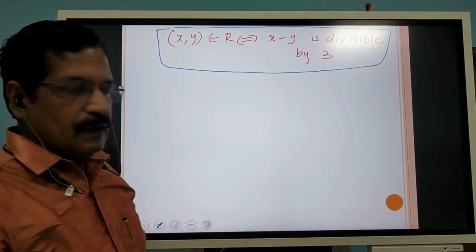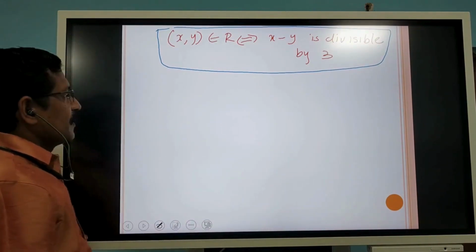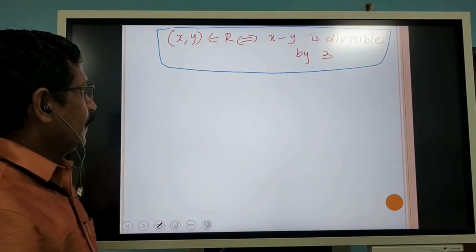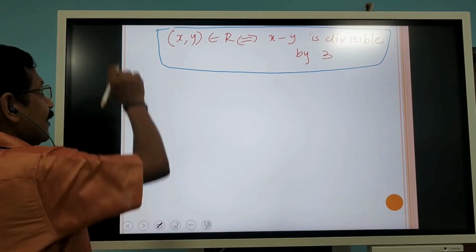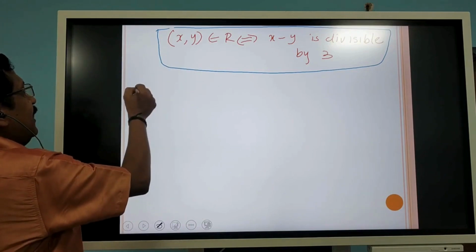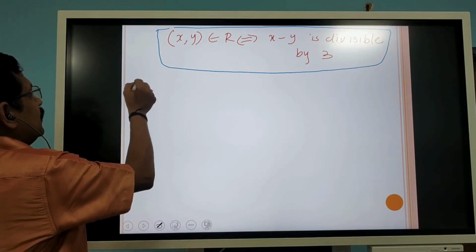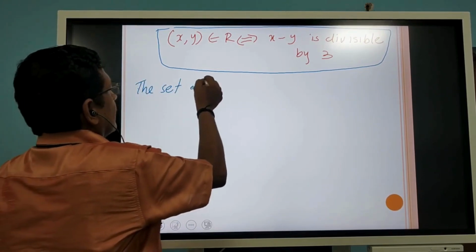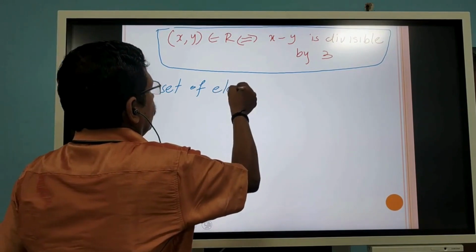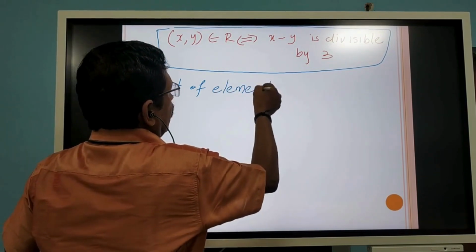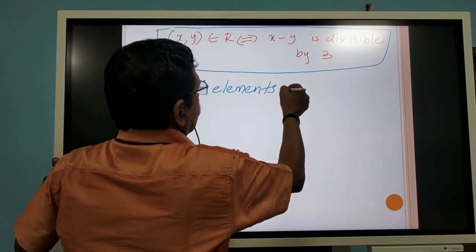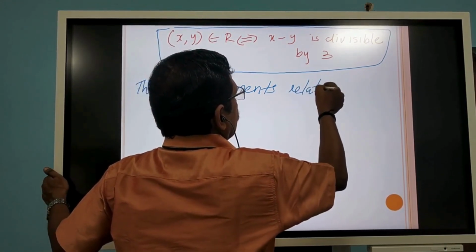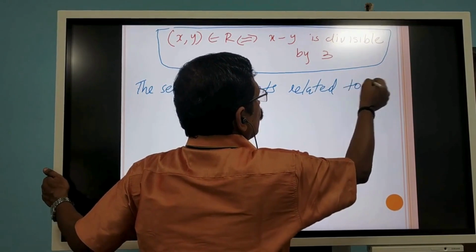Now, let us say it is defined on the set of all integers. Now, under this relation, the set of elements related to 0.